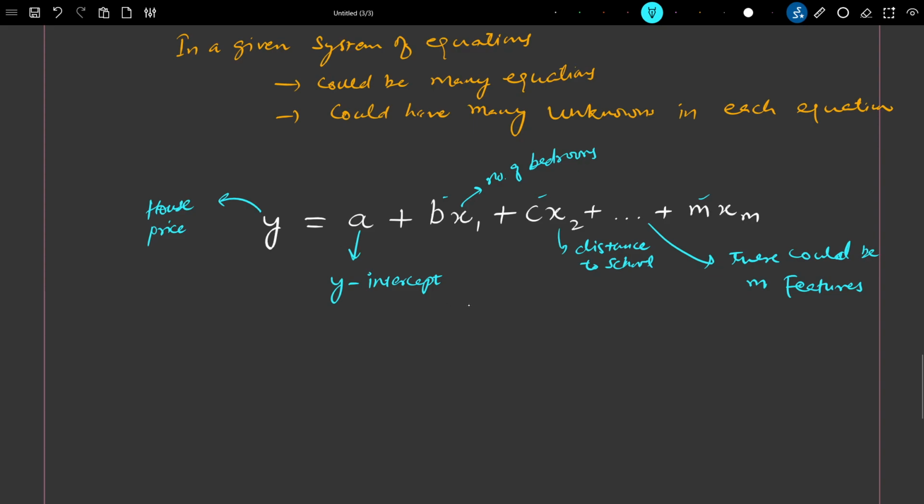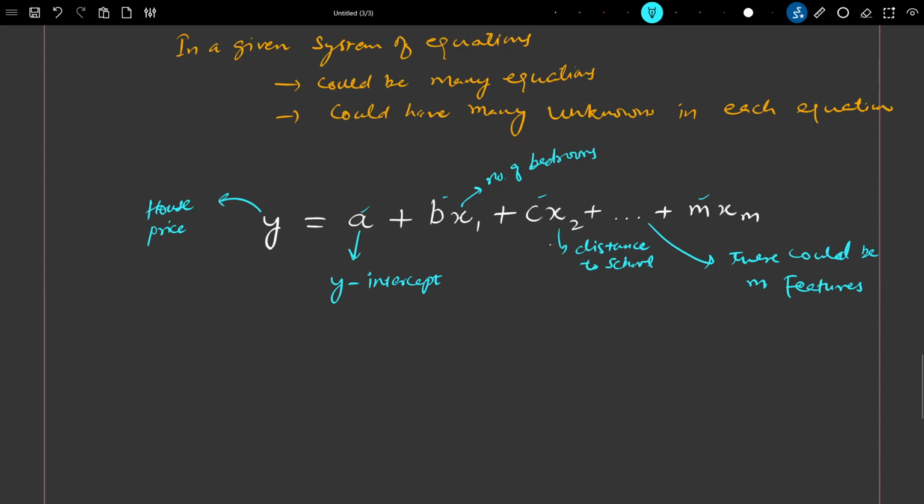So these a, b, c, and up to m are the variables we want to learn. These are the unknowns. These are the unknown values that we would like to be able to solve, and we can use linear algebra to solve for those unknowns.